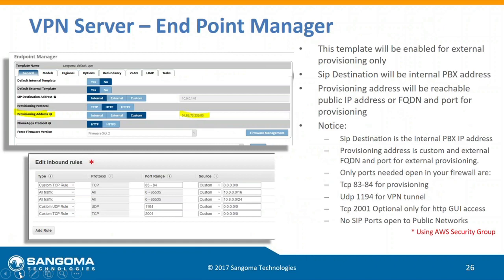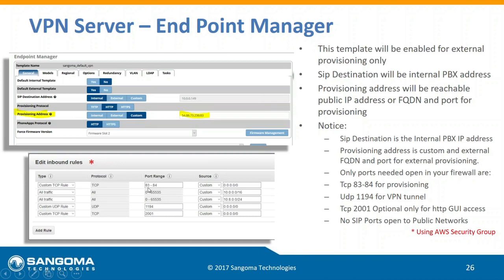I'm going to jump to that specific slide and then I'll go back. This slide is slide number 26. You're going to find specifically which ports need to be open. You need to open ports TCP 83 to 84, which are the provisioning ports. Don't pay attention to the ones that say you need to open, this is internally to allow traffic between the PBX and any device inside the network.